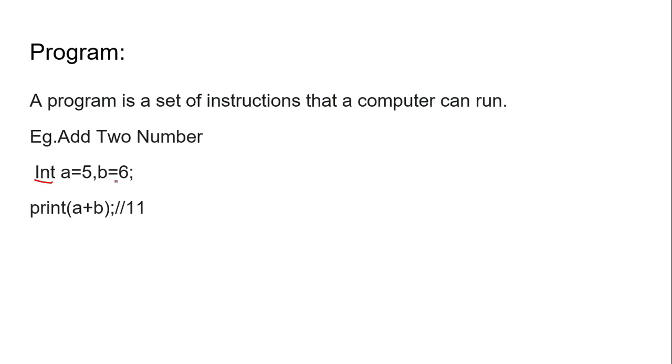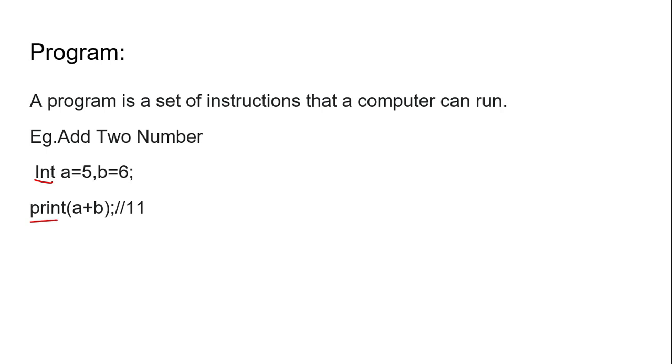If I want to add these two numbers, I can simply say print a plus b. The syntax of different programming languages may vary from one to another, but we use a print statement to print the two numbers, or to print anything onto the screen, or the console.